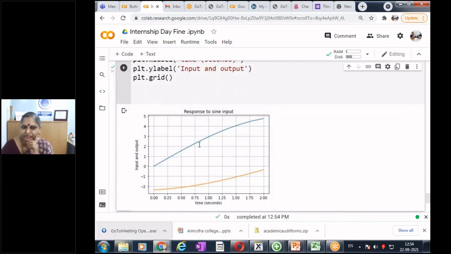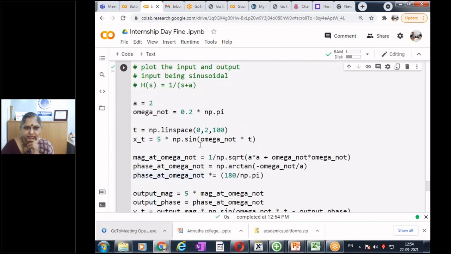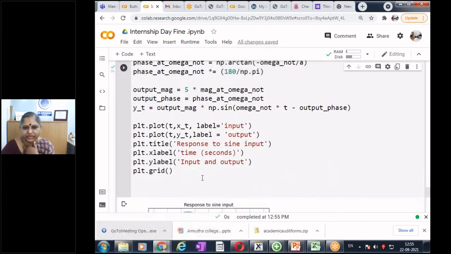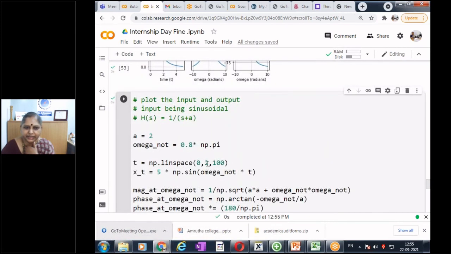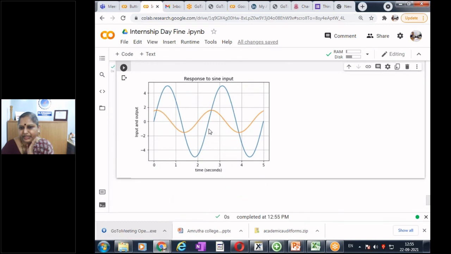We are not able to see because it's very small. Let me increase the time duration of my signal so that it becomes 0 to 5 instead of 0 to 2, and let me plot it. So this is my input and output.